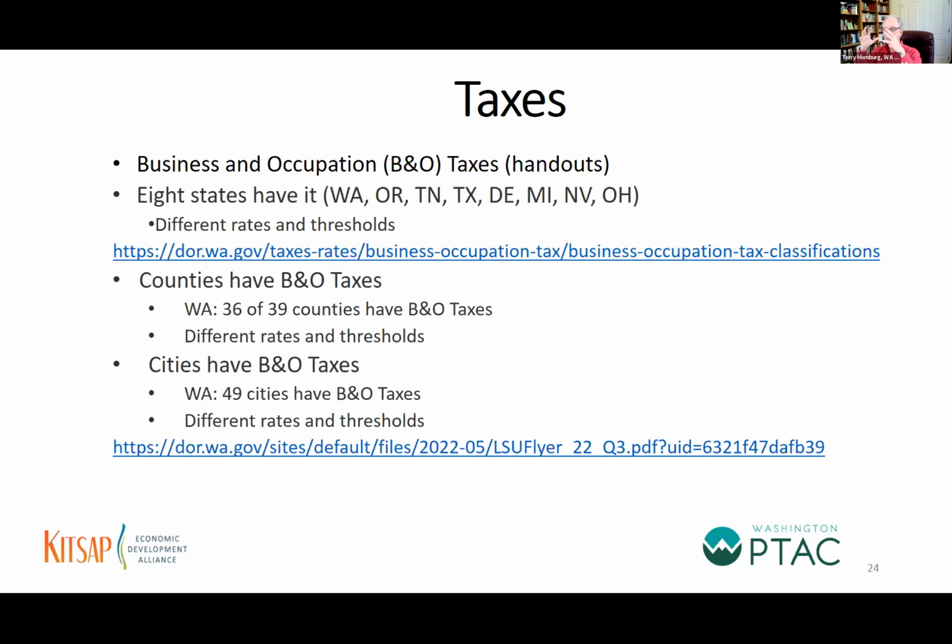So if you're using a template and you've always got B&O tax in there for the state of Washington, you're going to probably want to zero that out because the place of performance is in Maine. But then you want to check with the locality of where you're going to be performing and find out if they have any county or city taxes that you're going to have to pay. So you can include them in your cost proposal. Okay. Any other questions on taxes?